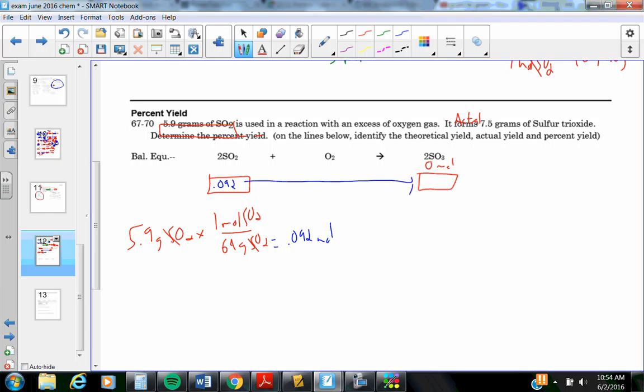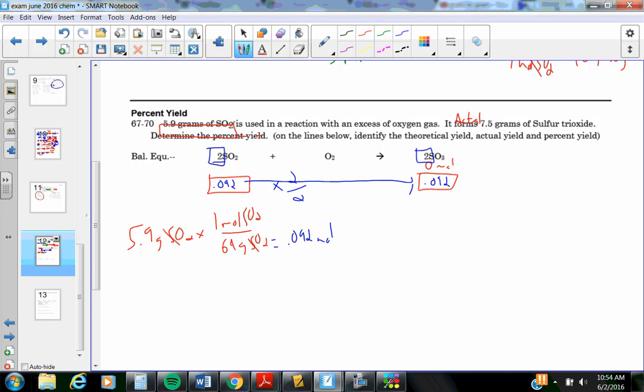Okay, if I'm going to start with 0.092 moles, how many am I going to make? Well, 2 moles makes 2 moles. So 0.092 moles times 2 over 2, it's a 1-to-1 ratio, also makes 0.092 moles.